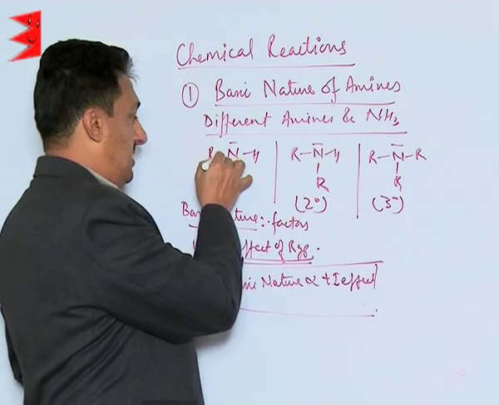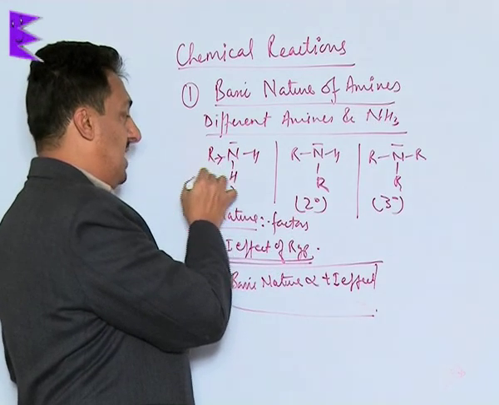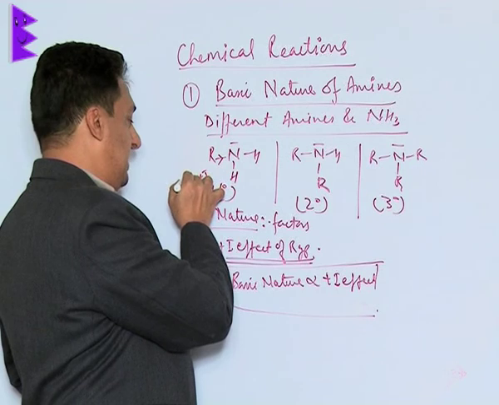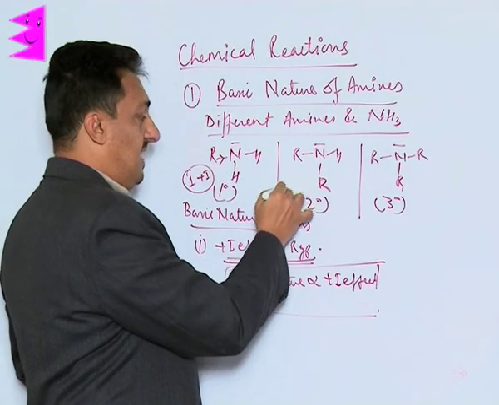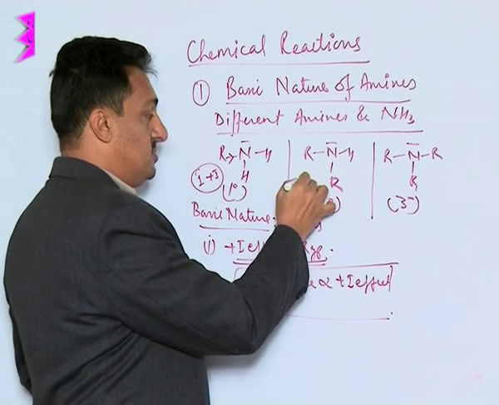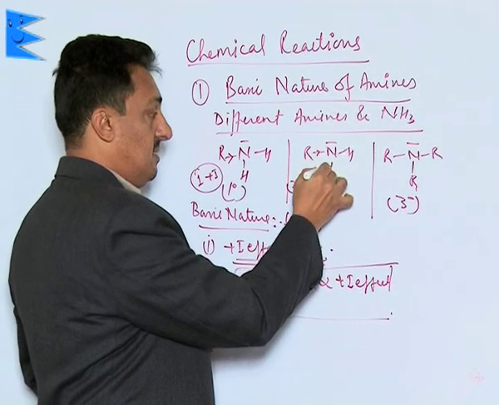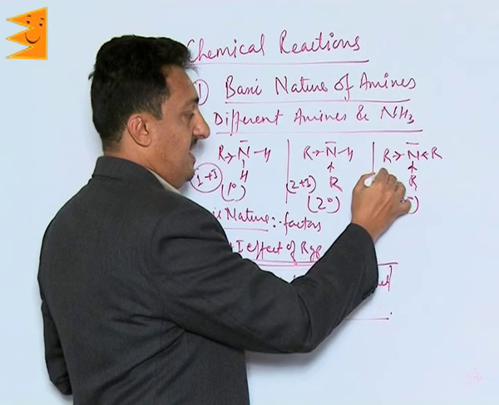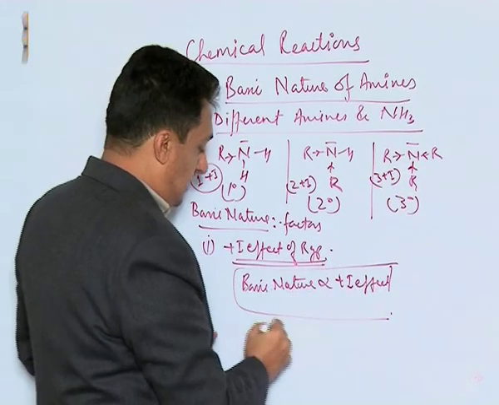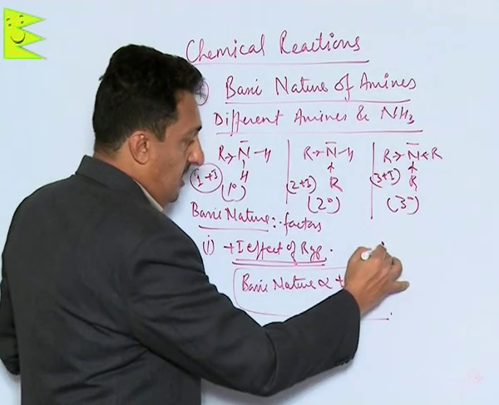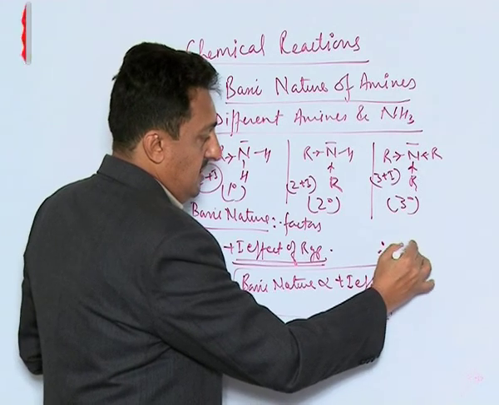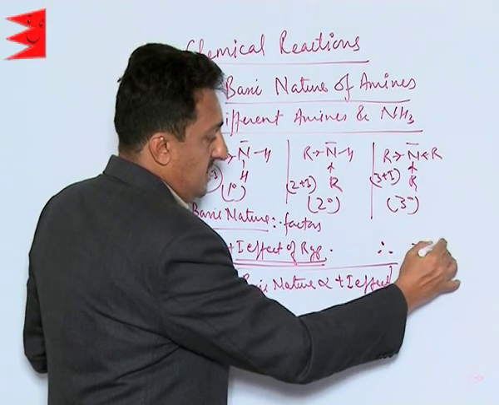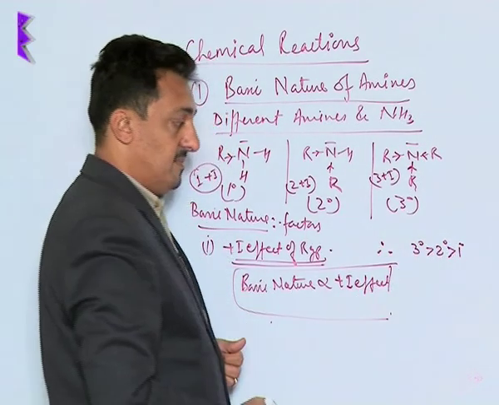So in this way, primary amine is having plus I effect from only one side, secondary amine from two sides, and tertiary amine from three sides. Therefore, the order is tertiary, secondary, primary.